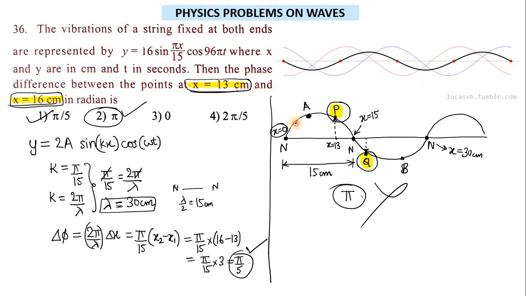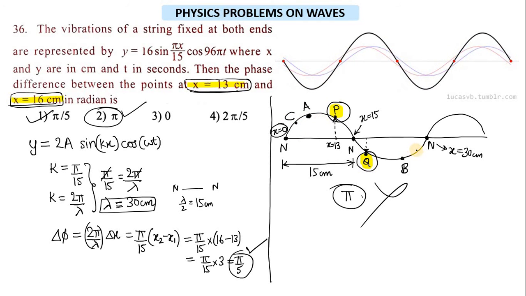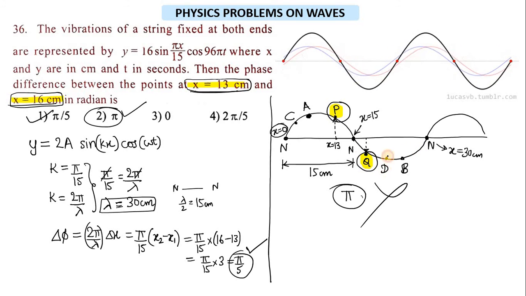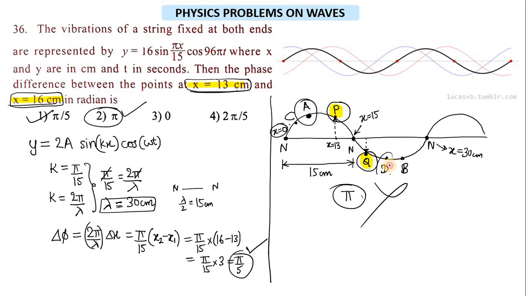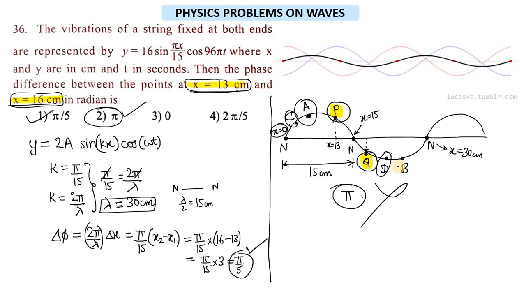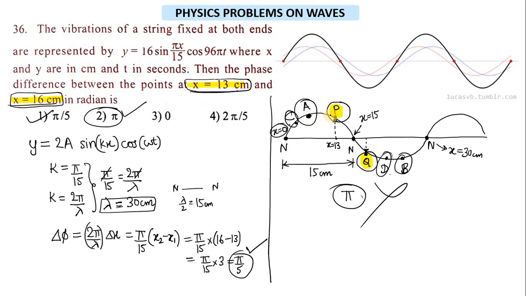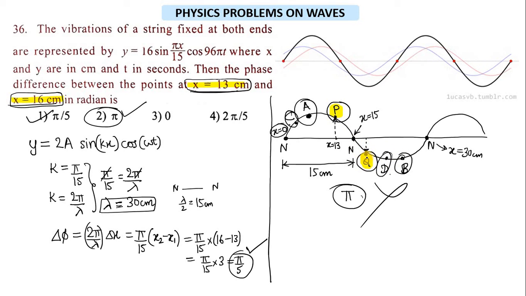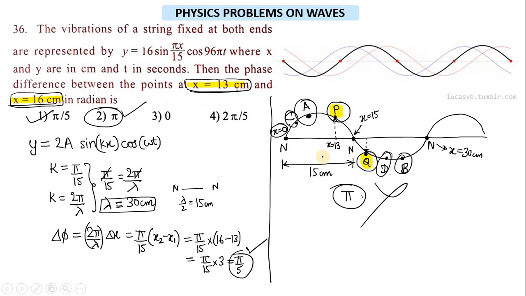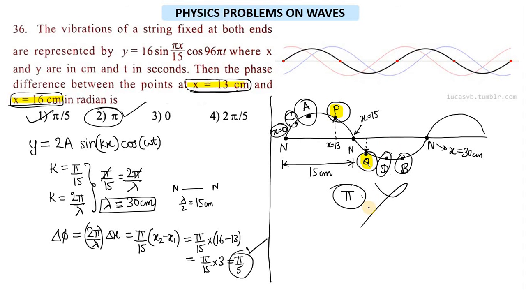Or if I take a particle here, let's say C, and another one on this side, let's say here D, between C and D also the answer is pi. So between A and D also the phase difference is pi, between C and B also pi. That means irrespective of the x coordinate, between any two random particles, one in the first loop and the other in the second loop, the phase difference is pi. So that doesn't seem to be correct.